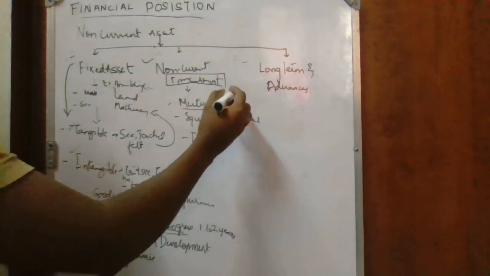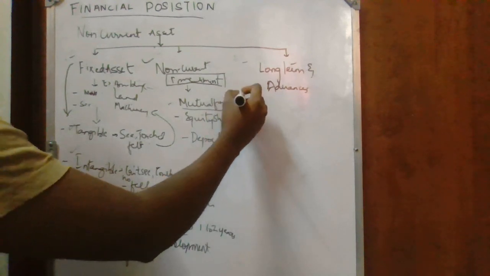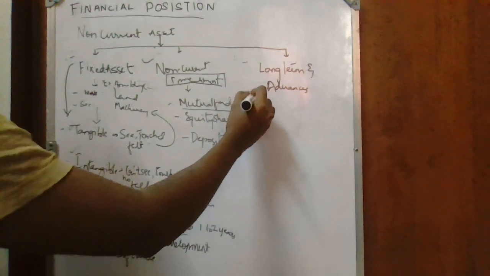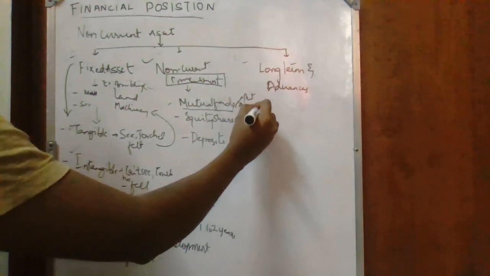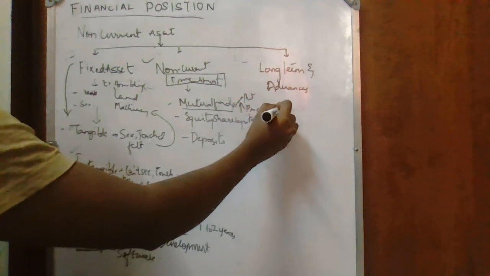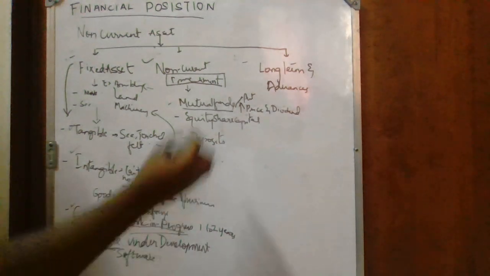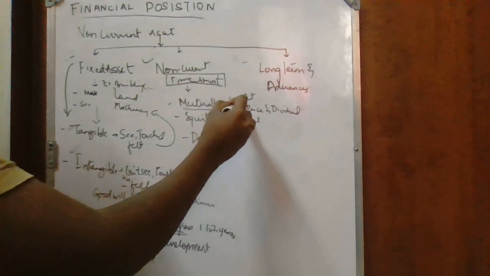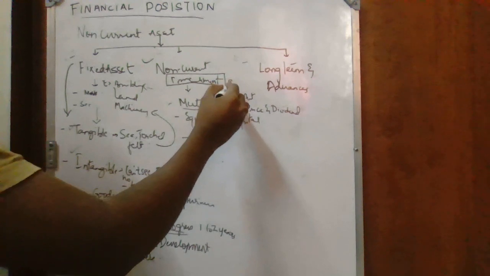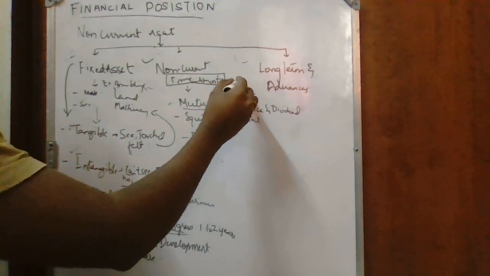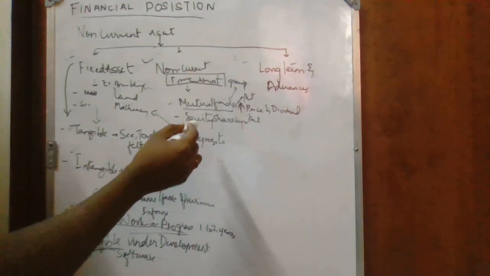Mutual funds are where you put in your money to earn, either from the increase in price or from dividends received. A mutual fund is a group of companies where the amount will be invested through an agency.